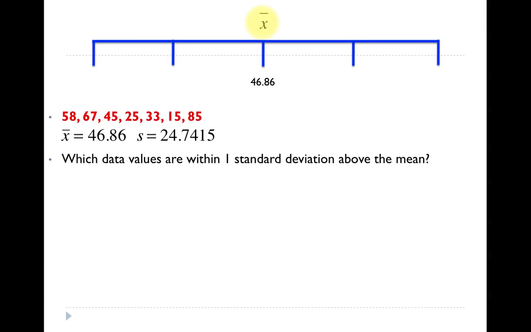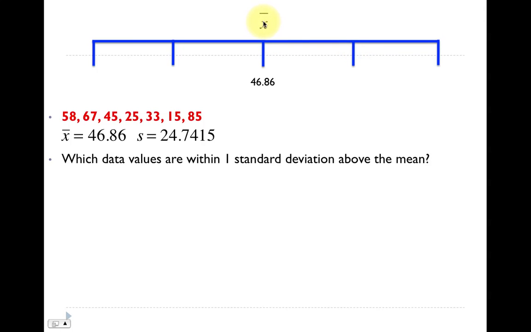Instead of actually labeling data values on this horizontal line, we're going to denote each unit as a standard deviation. So to the right, one bar would indicate x bar plus a standard deviation.